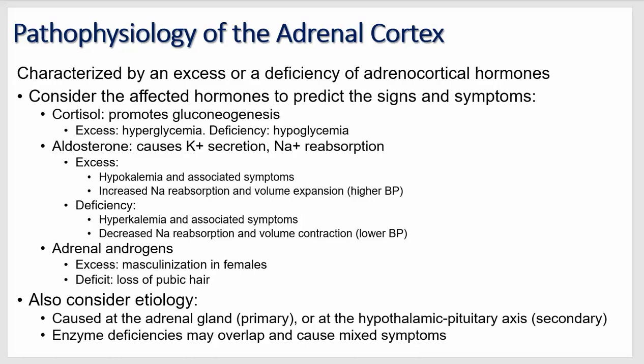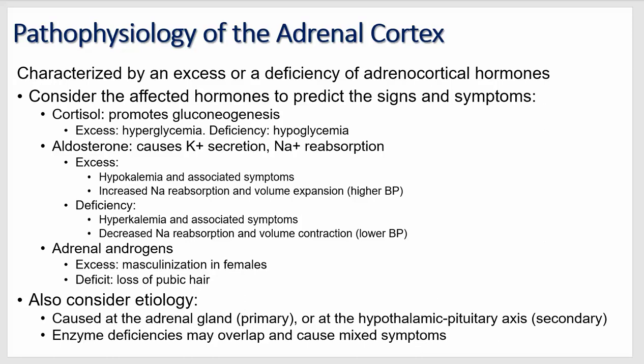So aldosterone causes potassium secretion and sodium reabsorption. If there's an excess, you're going to have not enough potassium, hypokalemia, and there are symptoms associated with that. Increased sodium reabsorption and volume expansion.